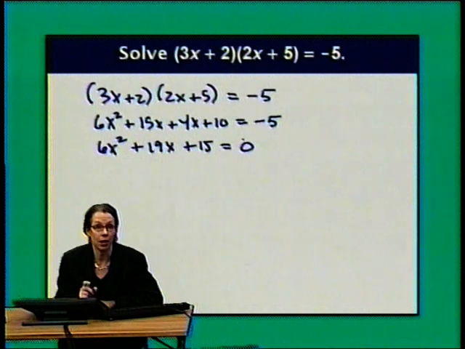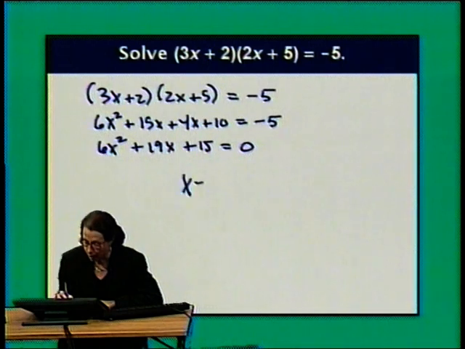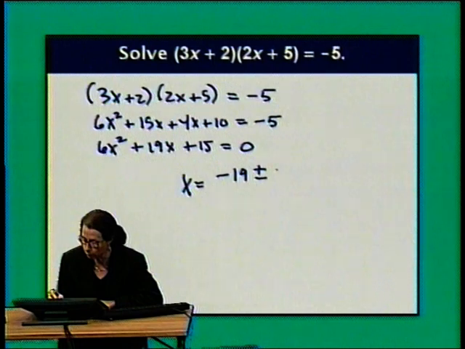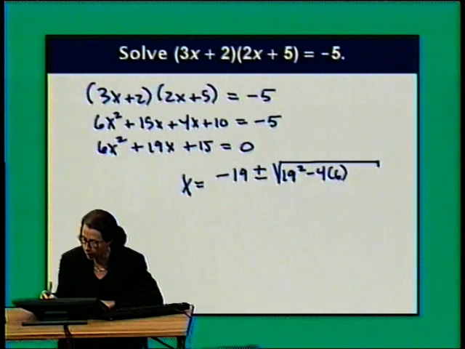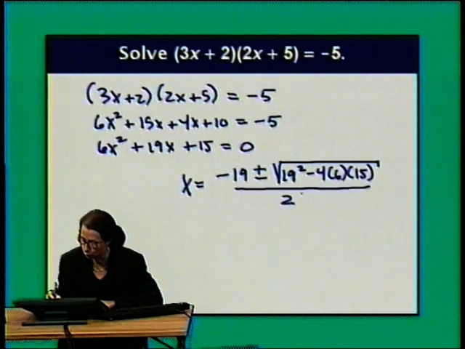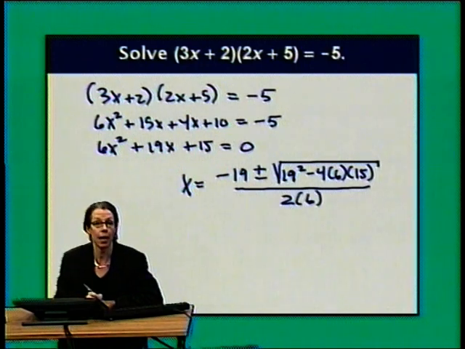So in this case, a equals 6, b equals 19, and c equals 15. So I have x equals the opposite of b plus or minus the square root of b squared minus 4ac, all over 2 times a.